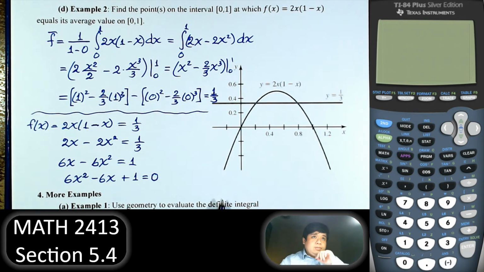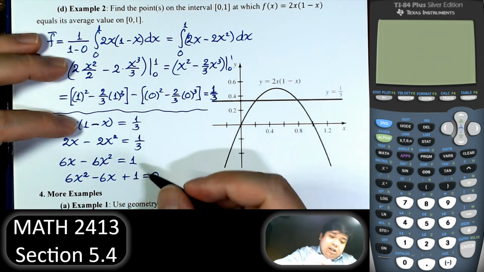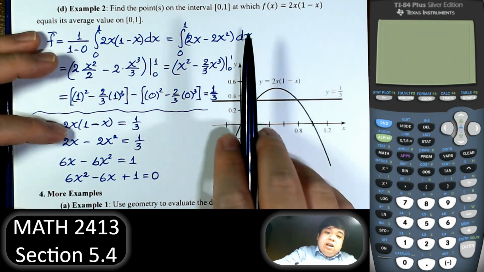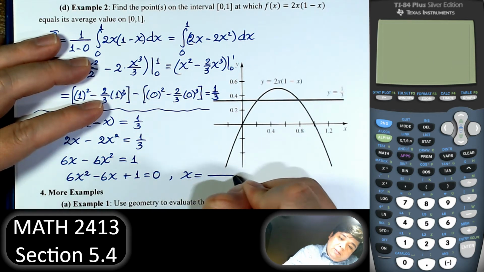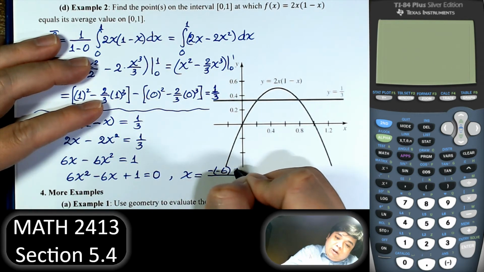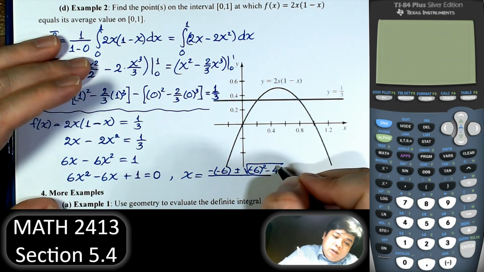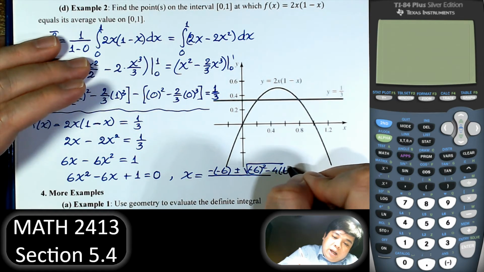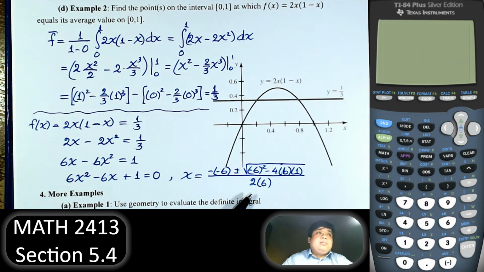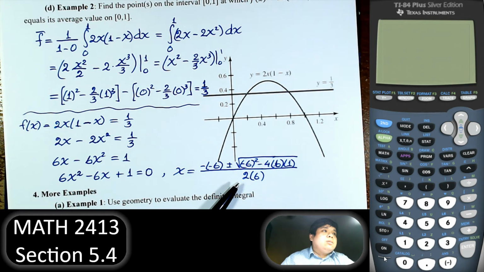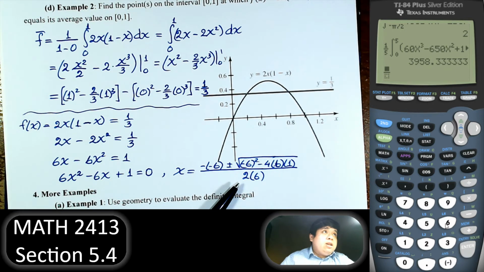Right. And then we just solve for x, and whatever x is should be between 0 and 1. So I use the quadratic formula here: negative b, negative 6, so that's 6, plus or minus the square root of negative 6 squared minus 4AC, over 2A.